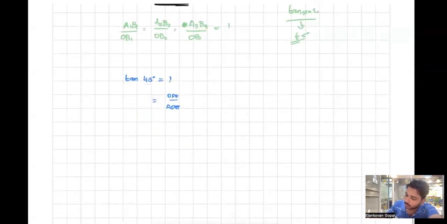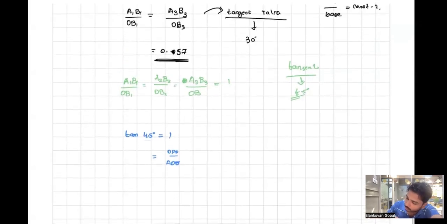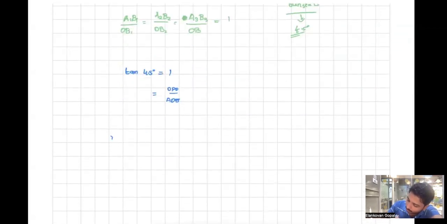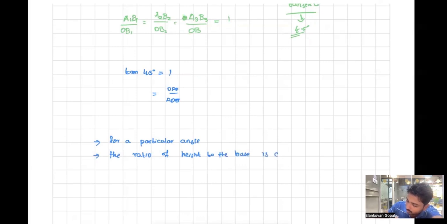Now, in a right angle triangle, a very important observation: for a particular angle, it could be 30 degrees or 45 degrees, the ratio of height to the base is constant.